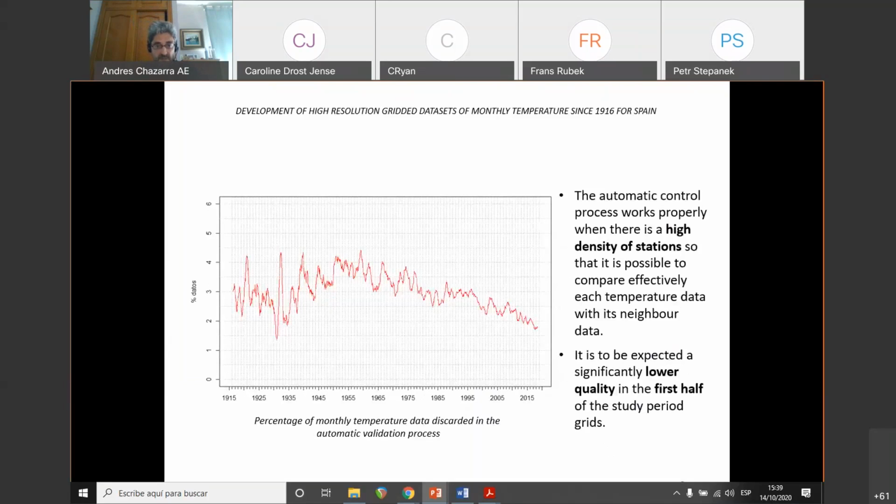So we can see here in the graph the percentage of monthly temperature data discarded in the automatic validation process. And we conclude that the automatic control process works properly in the second half of the period. We can see here that after approximately 1950, the percentage of discarded monthly temperatures begins to decrease, and it steadily decreases until the end of the period, which is good behavior, we think.